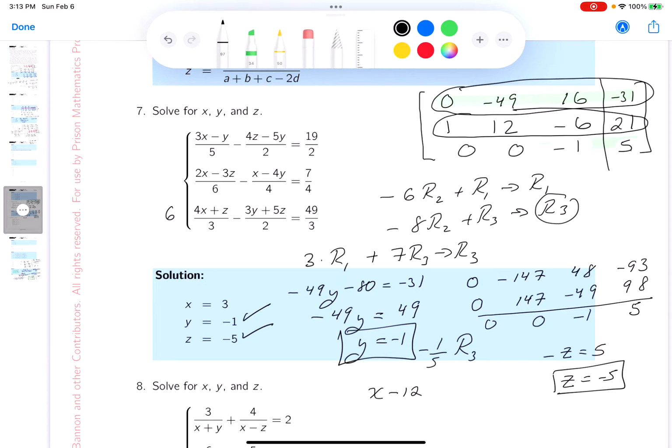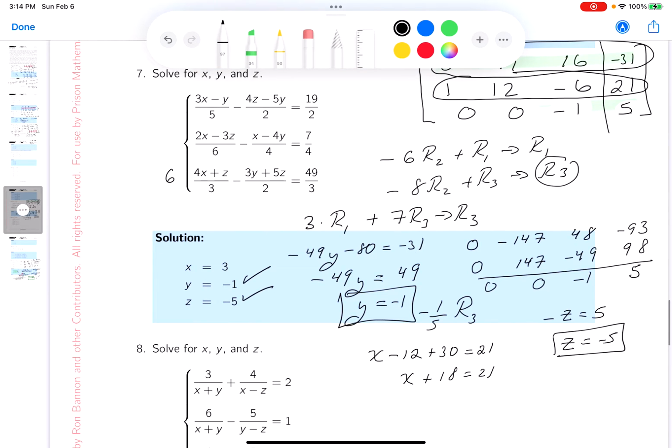And minus 6 times minus 5 is 30. And that's equal to 21. Well, it's going to be x plus 18 equals 21. So x is 3. That's what I'm seeing over here.